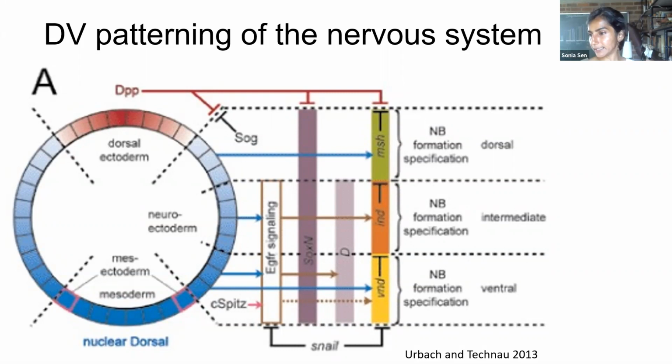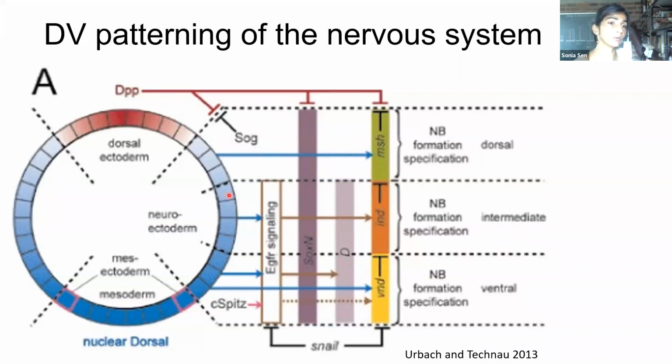But this is basically the same thing that you've seen so far. This is that early stage embryo, before gastrulation. You have that dorsal over there, and this is the domain we're interested in, that intermediate level of dorsal. And even here there are different levels: this is more dorsal, this is slightly less dorsal, and this is even less dorsal.